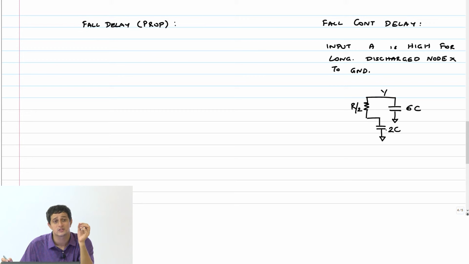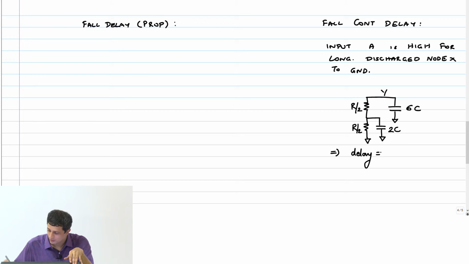It doesn't mean that the resistance will vanish. That's the key point here. The current still needs to go through that bottom NMOS transistor connected to A, and that still offers a resistance. It is just that the capacitance has already been discharged. And therefore, the net delay will be 6C into R by 2 plus R by 2.